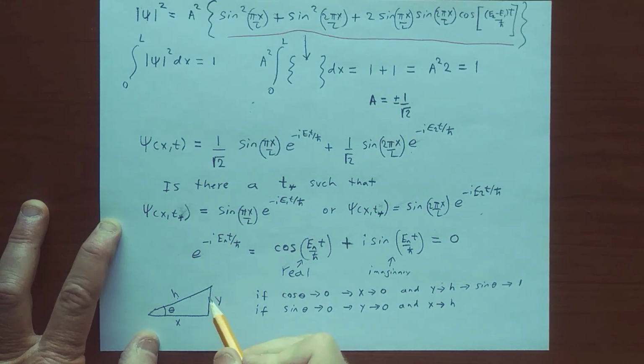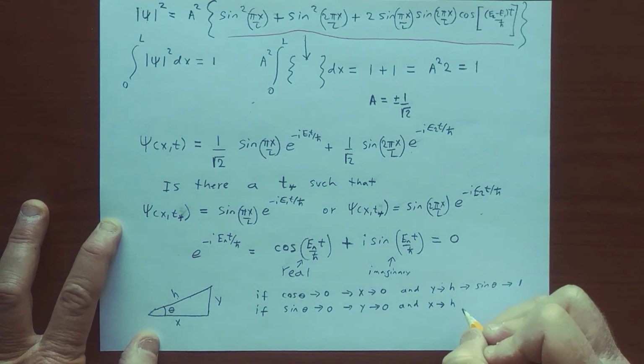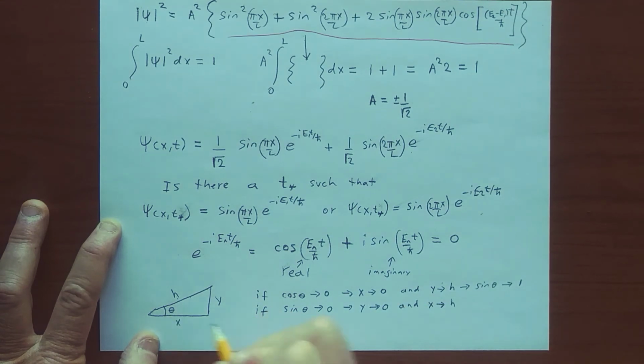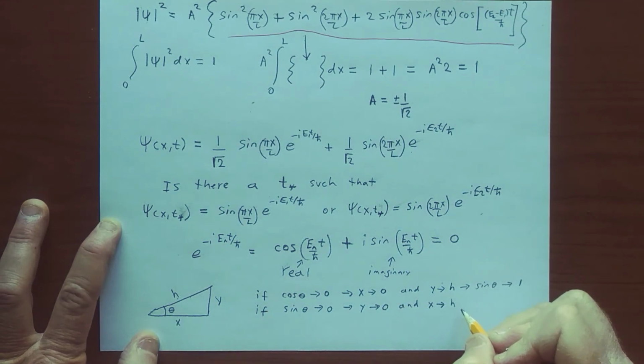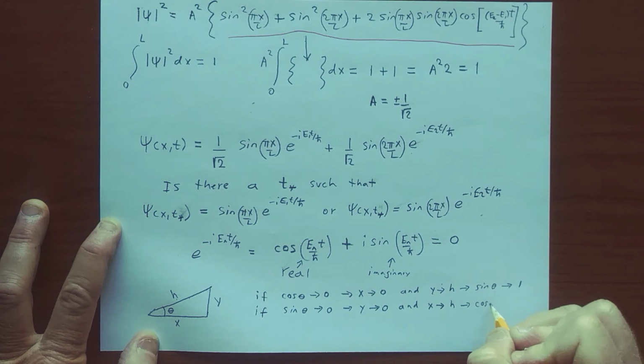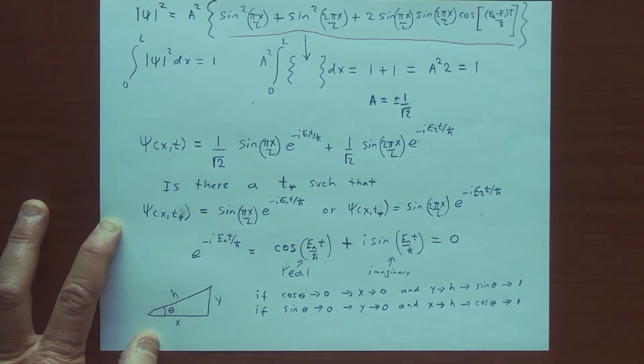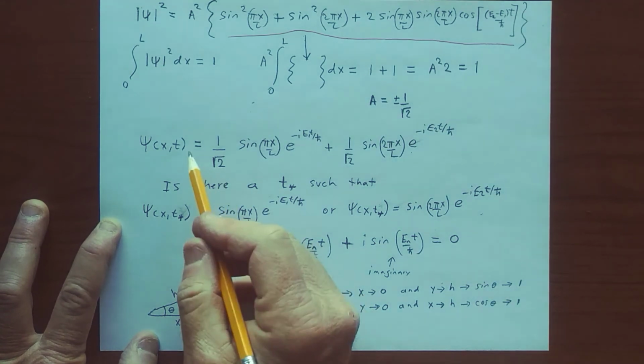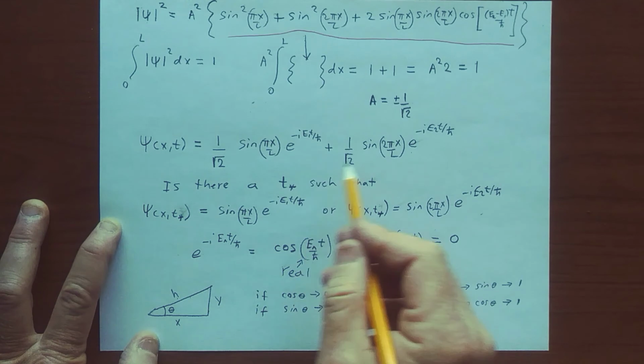If I go to 180 degrees, then I get a negative x. But if I think of it as the angle going to 0 here, x becomes h, and therefore the cosine of theta ends up going to 1. So it's clear that there is no time when psi of x and t is equal to one of the eigenfunctions.